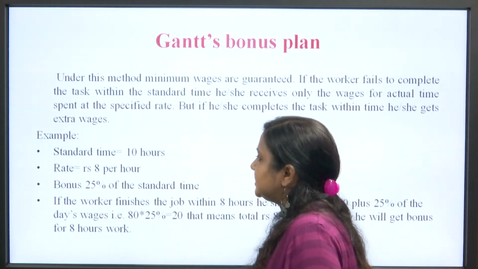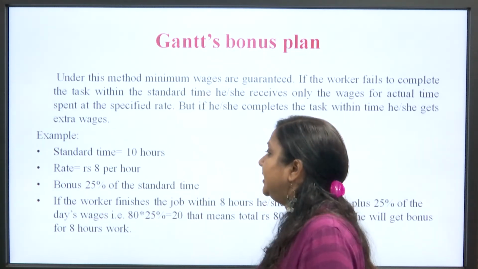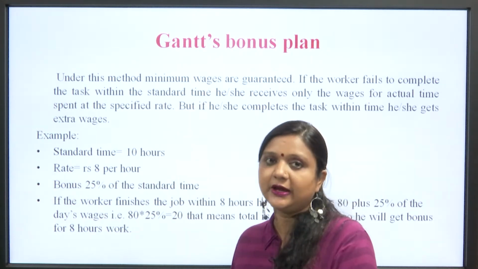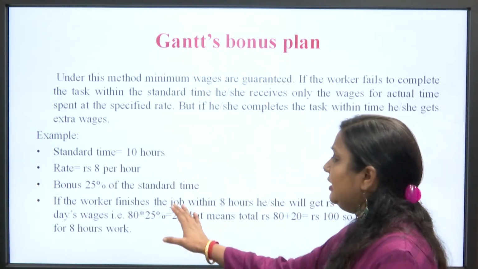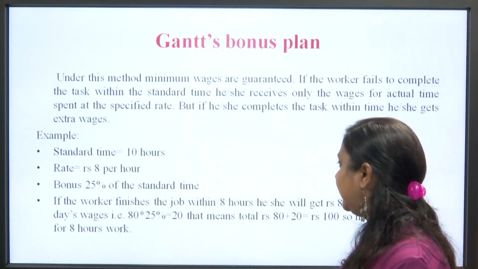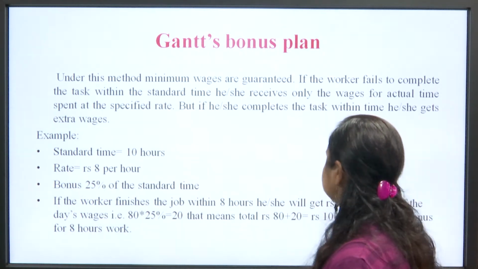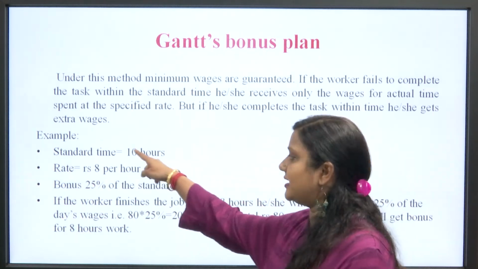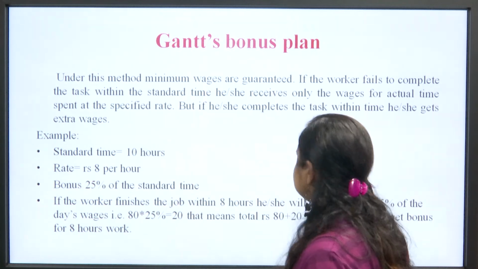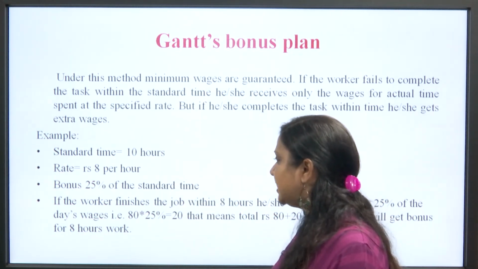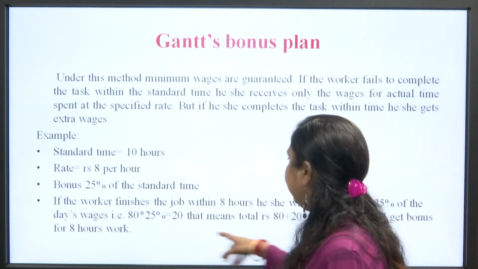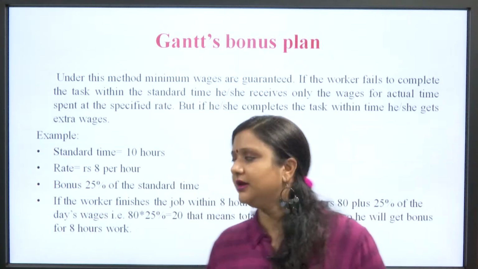The example is: standard time is 10 hours, rate is 8 rupees per hour, bonus 25% of the standard time. If the worker finishes the job within 8 hours, he or she will get 80 rupees, that is standard time multiplied by rate, 10 into 8, plus 25% of that, which is 80 multiplied by 25%, that is 20.